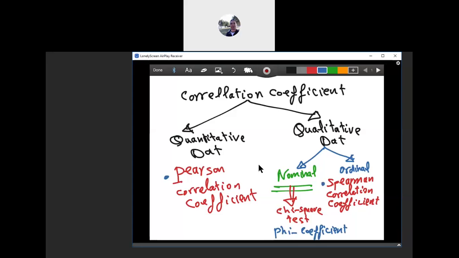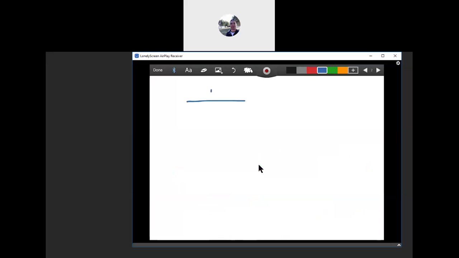But if you have nominal, you have the phi coefficient, which is found using the chi-square value, right? We used to have x and y, and y equal to ax plus b. This is the regression equation, right?